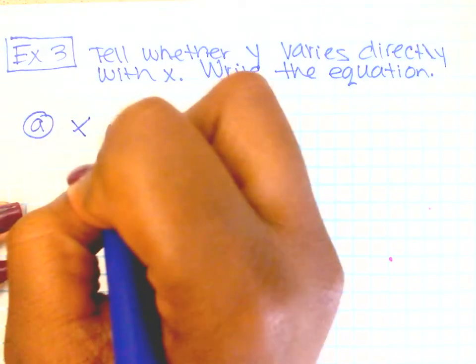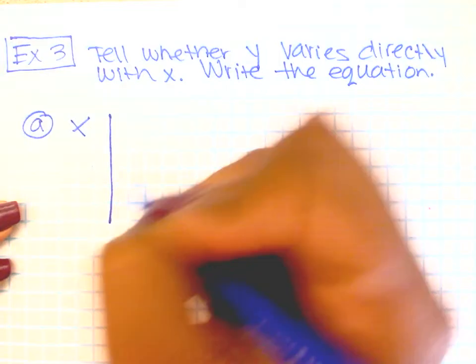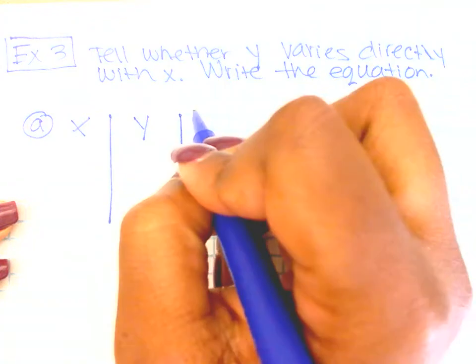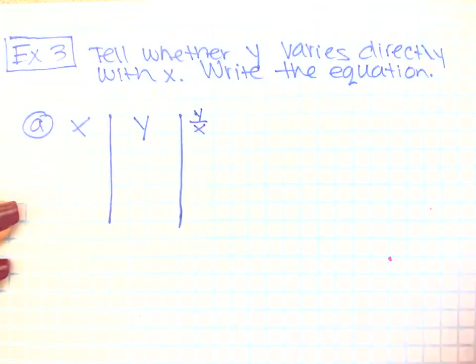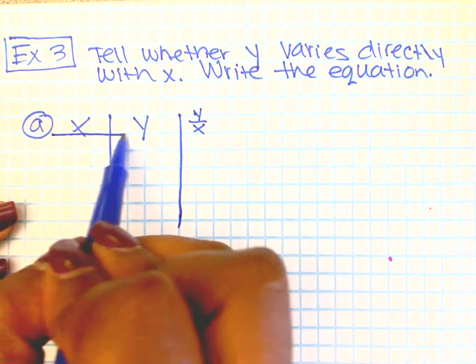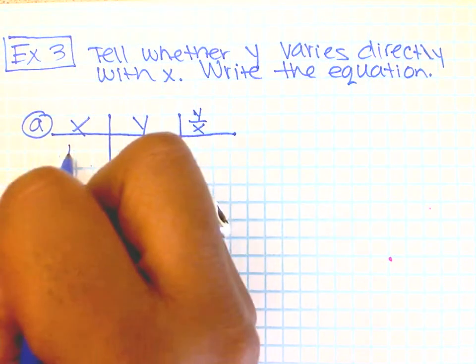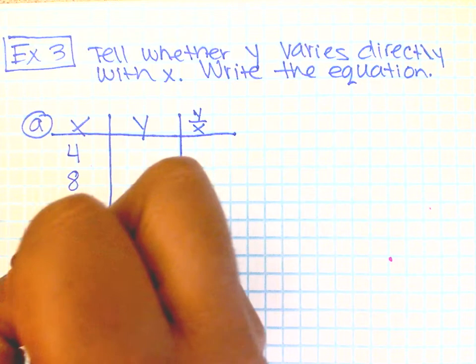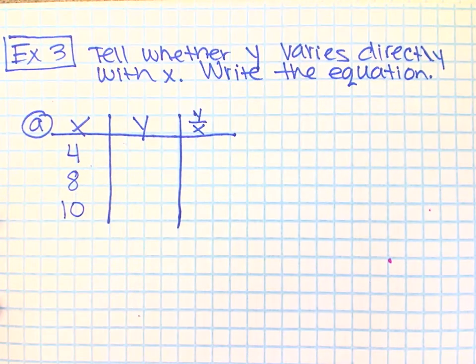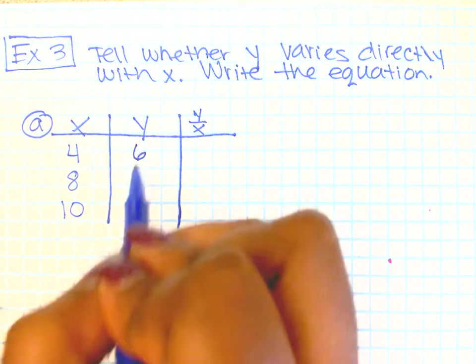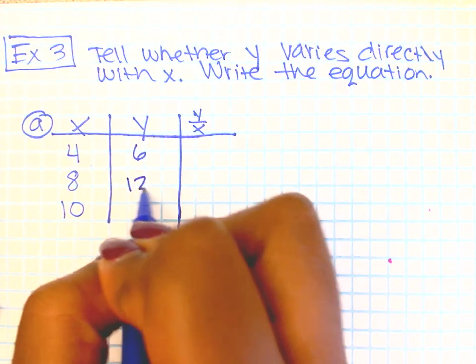So they're going to give you x, they're going to give you y, and then you need to find y over x, which is the other way of writing a direct variation. For x, they give you 4, 8, and 10. For y, they give you 6, 12, and 15.